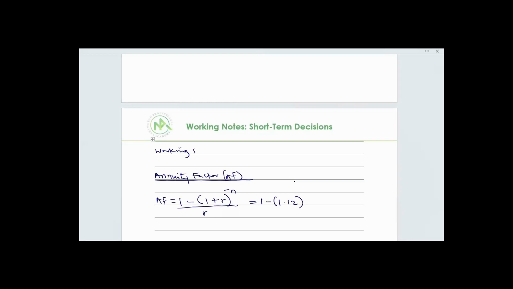The contract to supply part 2011 will take 5 years, therefore minus 5, divided by the cost of capital of 12%. So let's do it together. Carry your calculator. Let me carry my own. Let's confirm the figure.